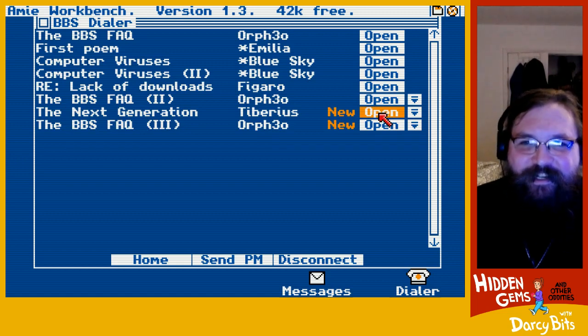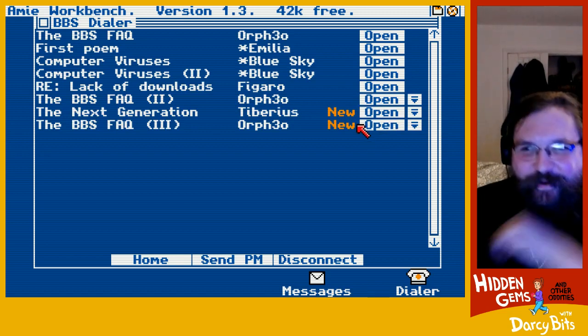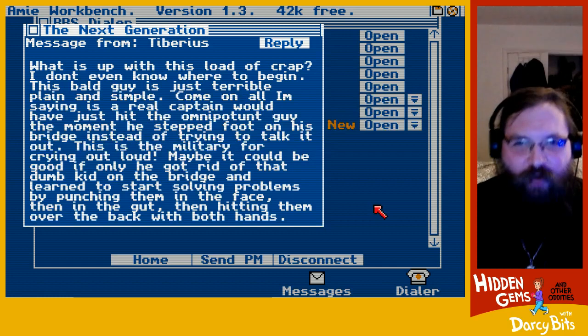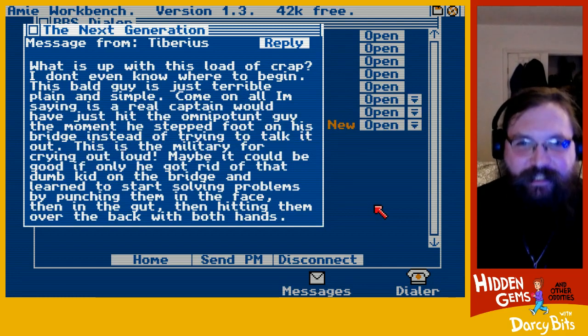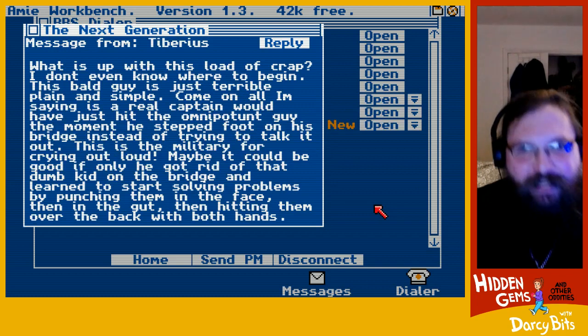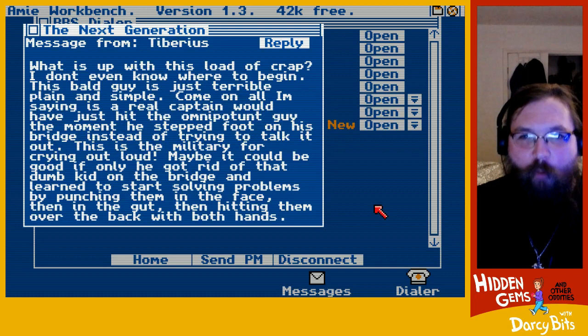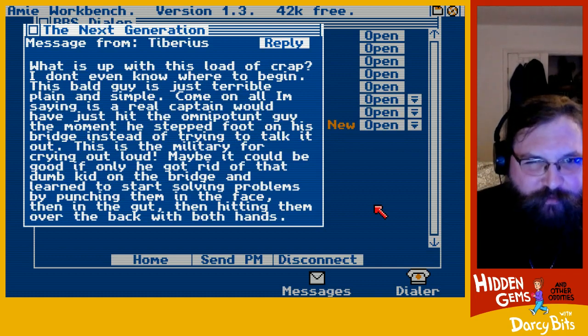Tiberius, the next generation. Why do I recognize this name? What is up with this load of crap? I don't even know where to begin. This bald guy is just terrible, plain and simple. Come on, all I'm saying is a real captain would have just hit the omnipotent guy the moment he stepped foot on his bridge instead of trying to talk it out. This is the military, for crying out loud.